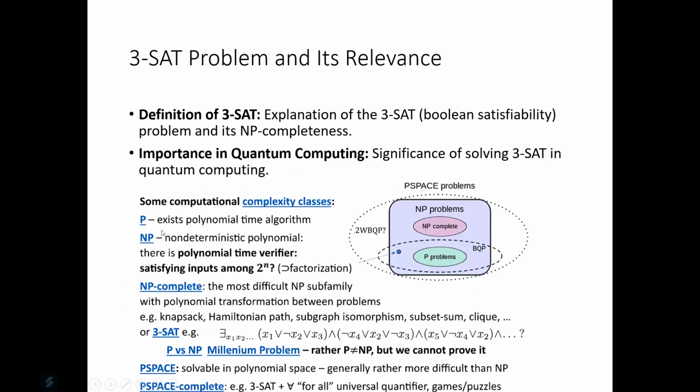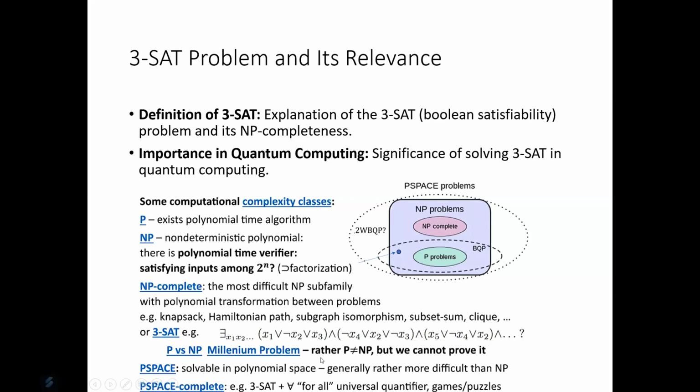P is the polynomial time algorithm, and NP is nondeterministic polynomial, and it depends on satisfying inputs. The factorization problem is the basic one, and NP-complete is the most difficult NP problem, and in this we have SAT, and it is solvable.